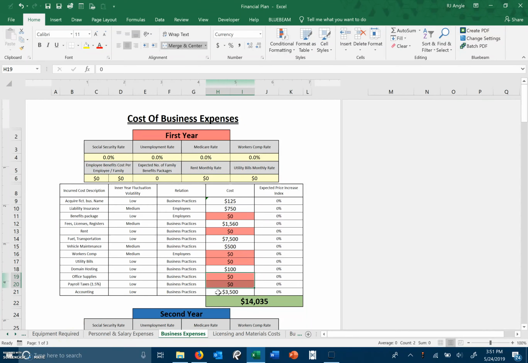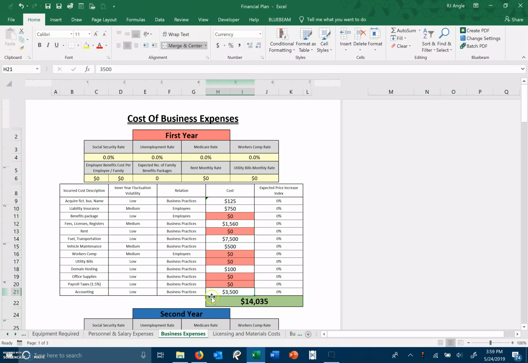No office supplies or payroll tax just yet, but I'm going to have to file taxes at the end of the year, and that's not going to be free. So I still do need an accountant for year one since I am generating revenue, doing business, and incurring expenses, and technically generating a profit. So you can see that I've identified a year total of $14,035 incurred in business expenses.